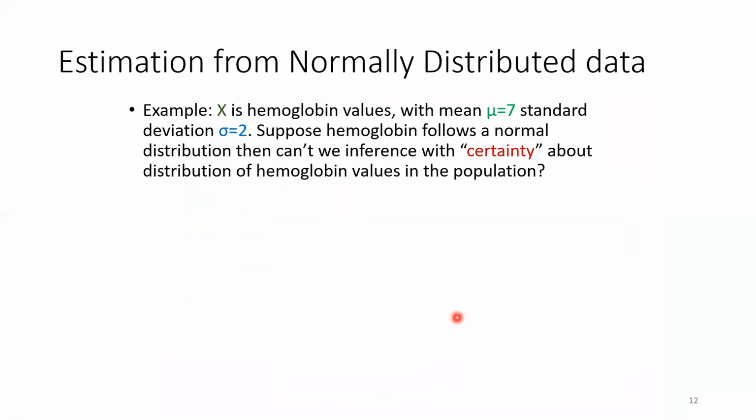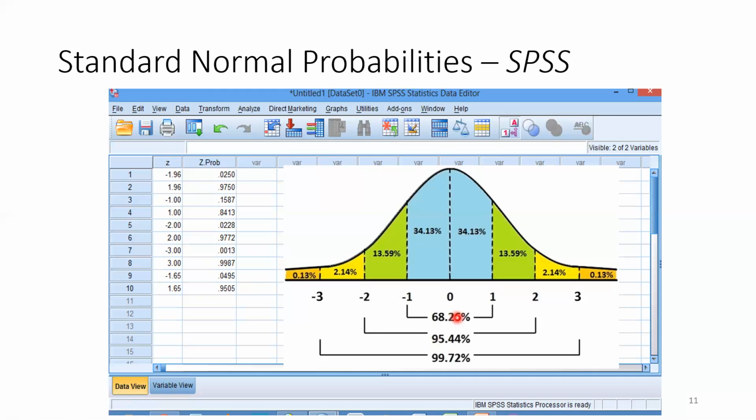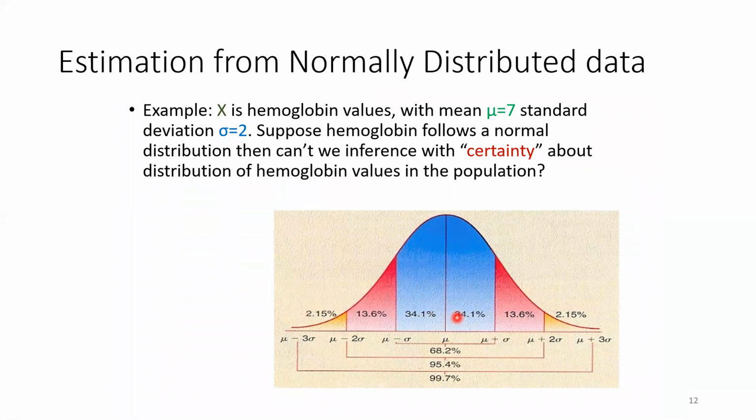But what advantage does it actually give us? This is our main concern in this lecture. For example, we talked about hemoglobin at the very start. Let's suppose the mean of that hemoglobin is equal to 7 and the standard deviation is 2, and suppose hemoglobin follows a normal distribution. So we can speak with certainty about the hemoglobin values.